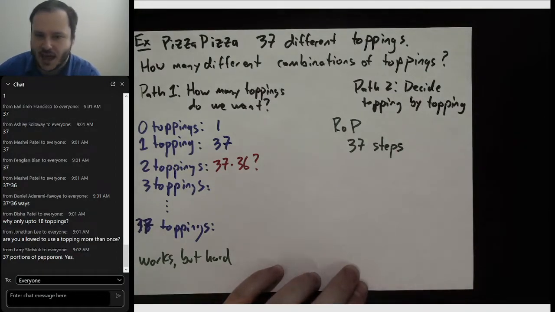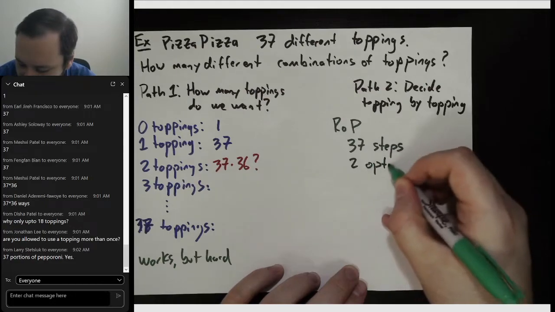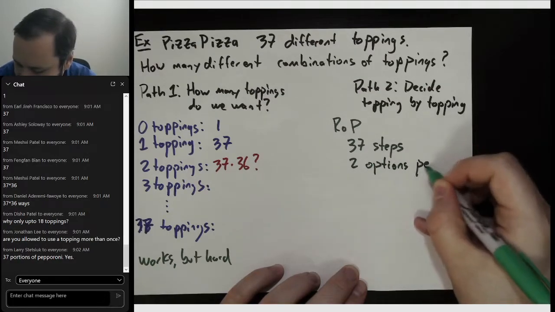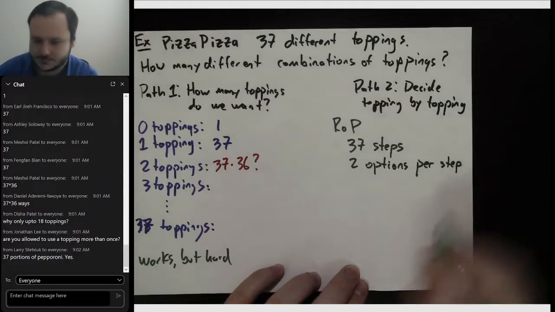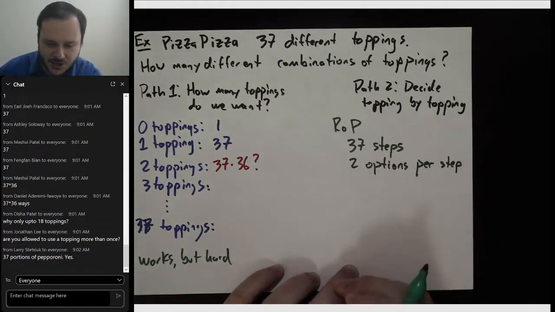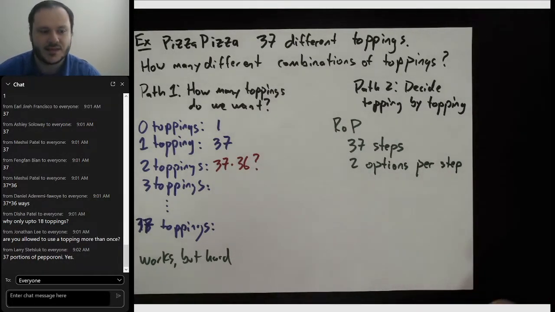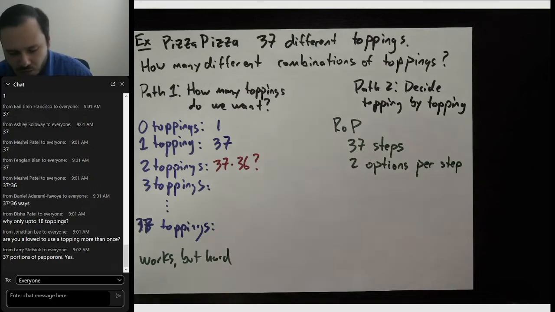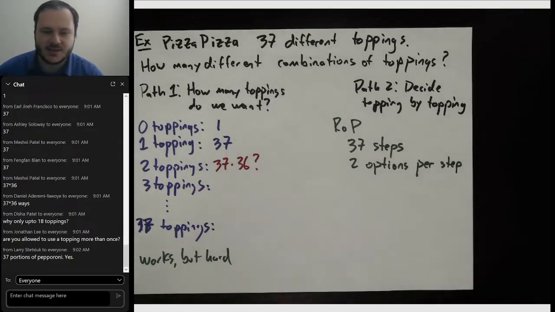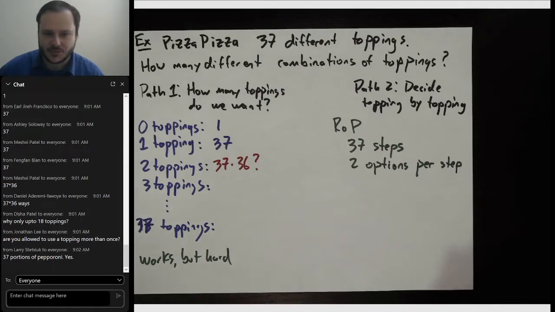In each step, we have 2 options, yes or no. So arugula, yes, no. Anchovies, yes, no. We're going down the whole list. It's going to take us a long time. For each one, we decide yes or no. At the end, we come out with a pizza. We come out with some toppings.